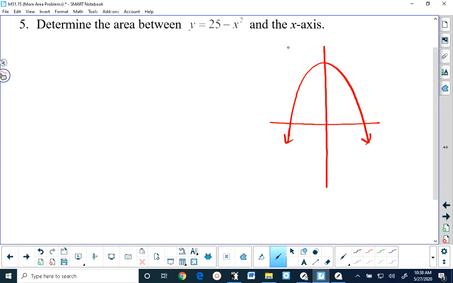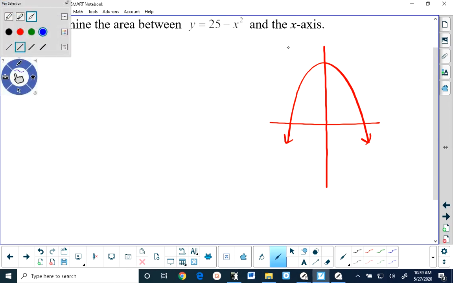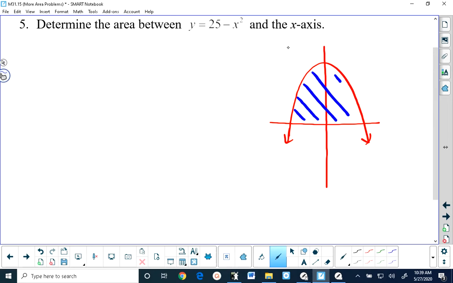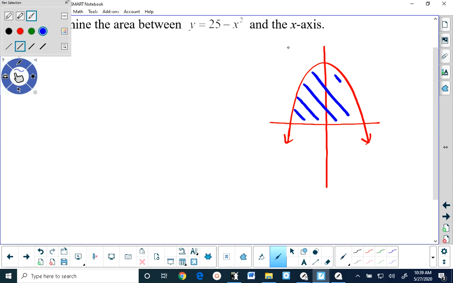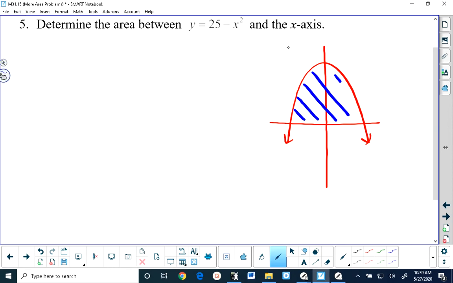So what is this question asking you to find? It's asking you to find the area between the function and the x-axis. There is something implied here, and the implication is that you want to determine this area. Okay, so how are we going to do that? Well, I'm going to stick with my integral notation here when I do area problems.